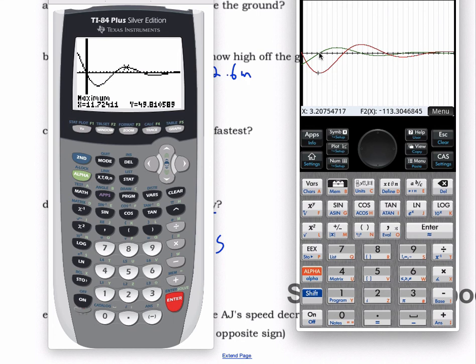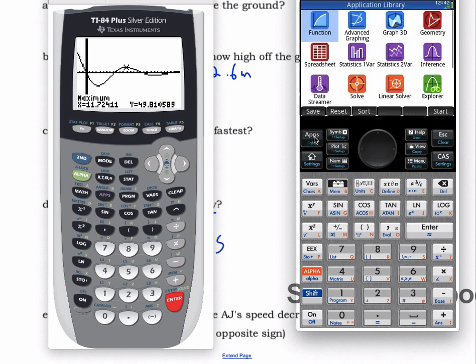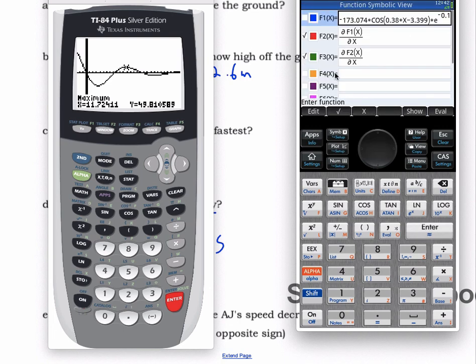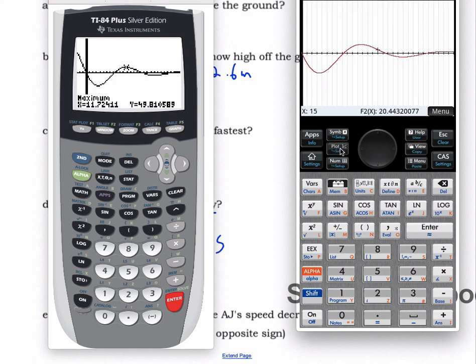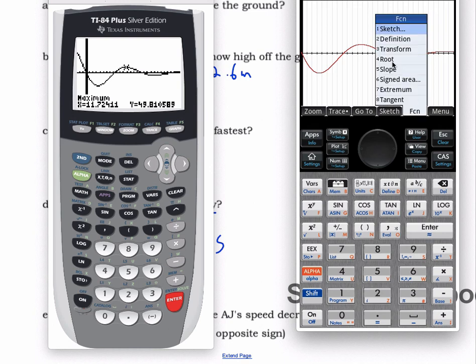So we actually do know the root right there is 3.56, I believe we said, right? And now we go over to find this one right here, so just the velocity. So I'm going to just get rid of the acceleration. So we need to find this x-intercept here for the velocity. So we go to root.